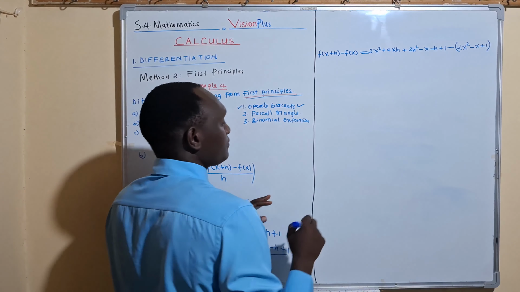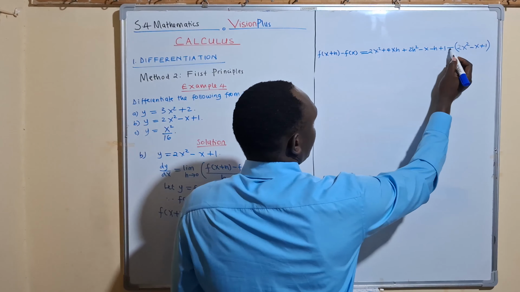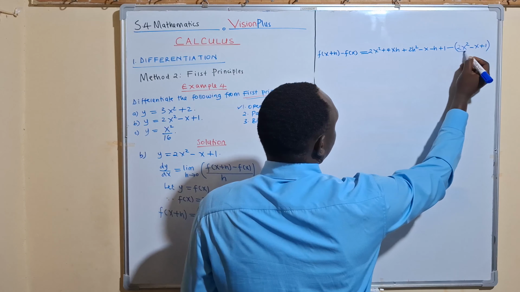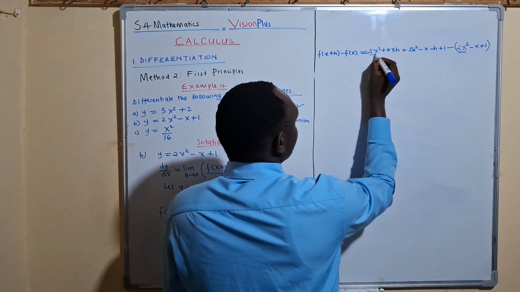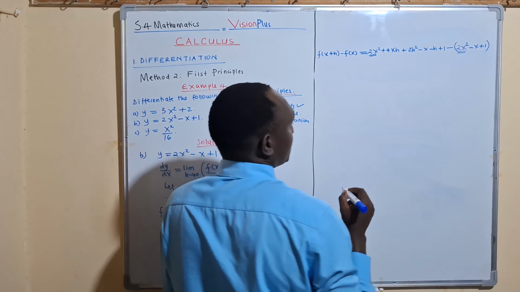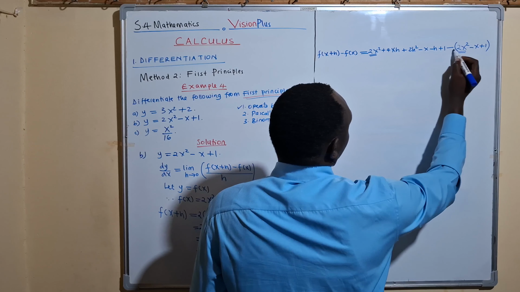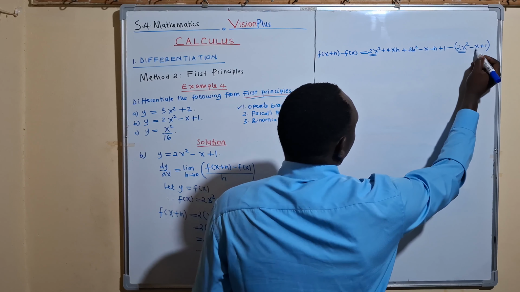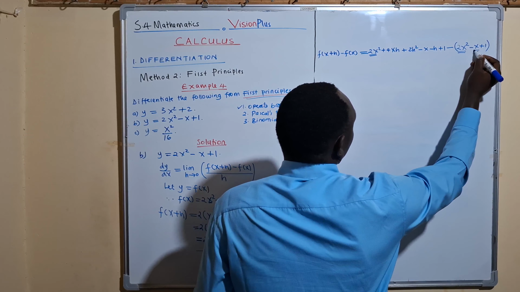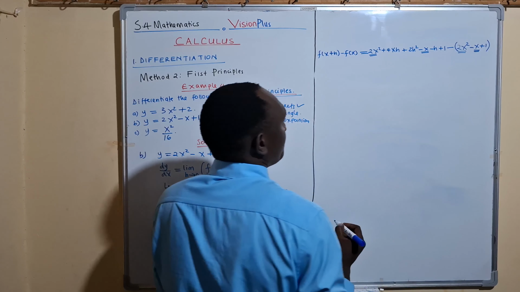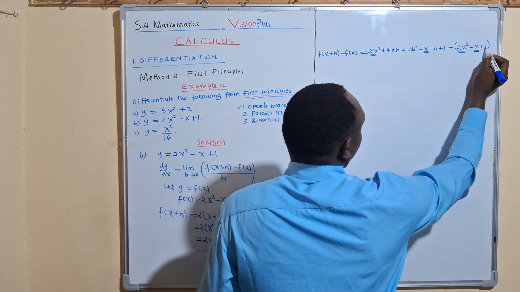Now, this negative here will make 2x squared become negative. So negative 2x squared will cancel with positive 2x squared. Also, this negative x here becomes positive, because negative times negative. So this positive x cancels with negative x. This positive 1 becomes negative.